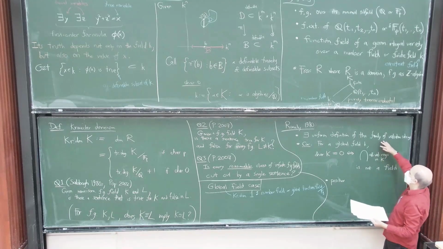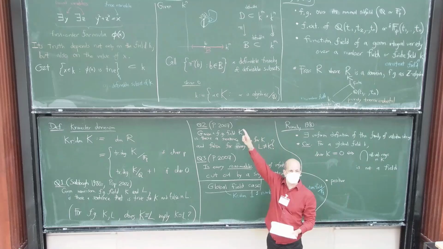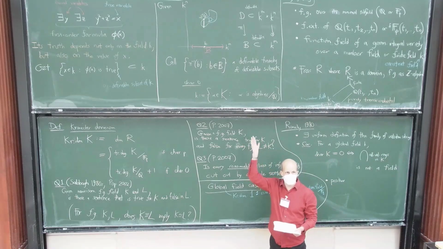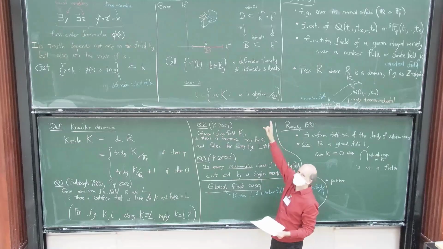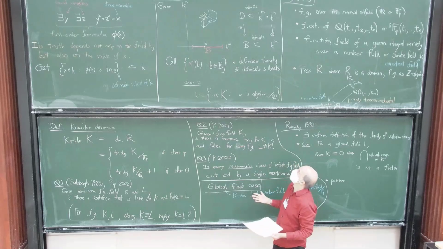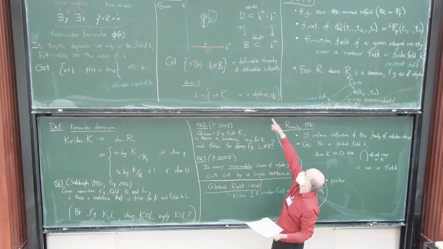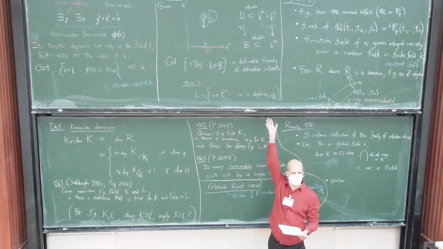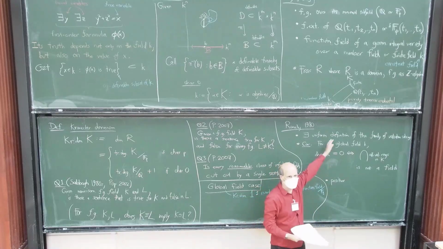All I mean by this is that I can find a definable family of definable subsets, such that all the non-empty fibers are the valuation rings, maybe appearing more than once, over some definable base. So I can find a D and a B such that for any point little b in B, the pre-image is a valuation ring. And as I vary the point little b over B, I get all the valuation rings. That's all I mean by this.